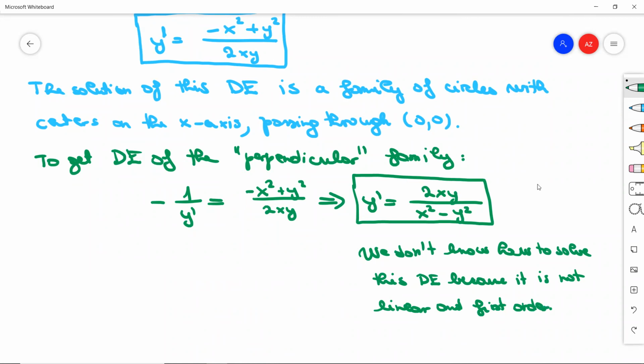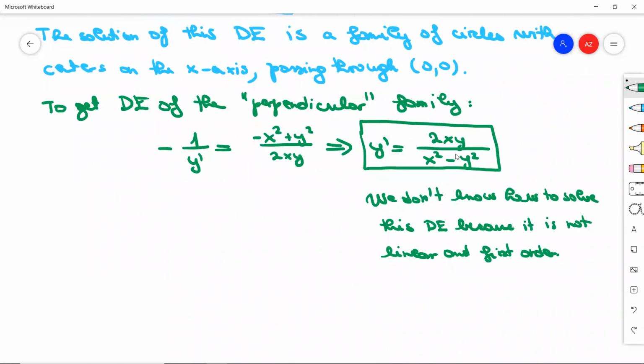Let me try one trick. If it doesn't work, then I will change the symmetry of the problem, because the other way we will be able to solve it. So I will try to transform this right-hand side into a solvable form.